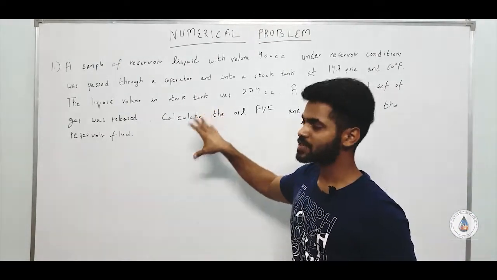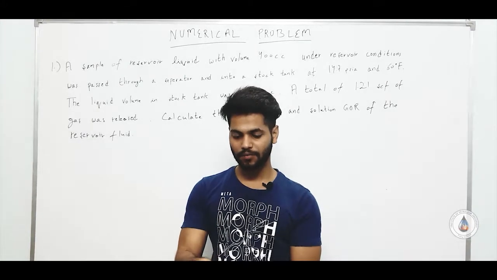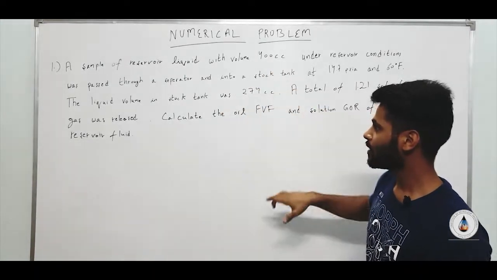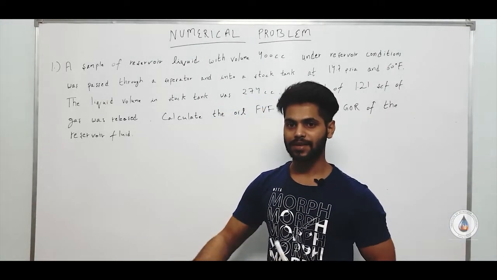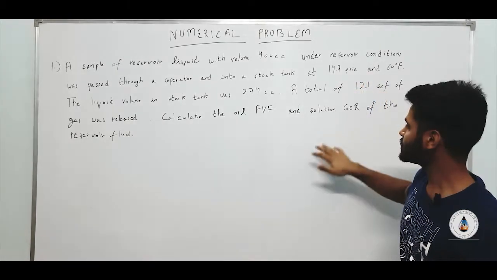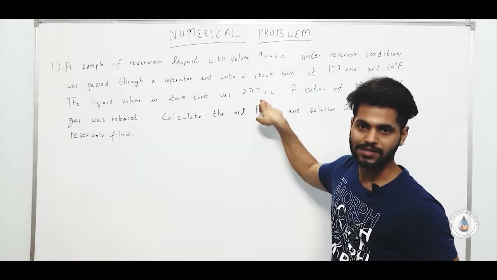So in this question we have a sample of oil which at reservoir condition had a volume of 400 cc. When it was brought to the surface into the stock tank and the separator at atmospheric conditions, the volume of oil got reduced to 274 cc.